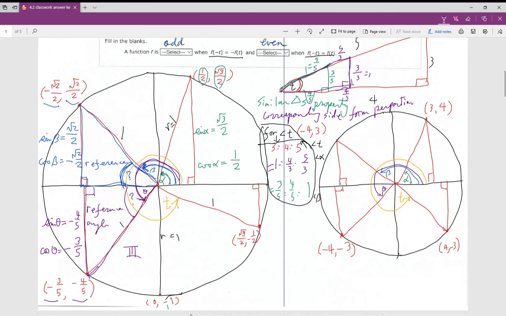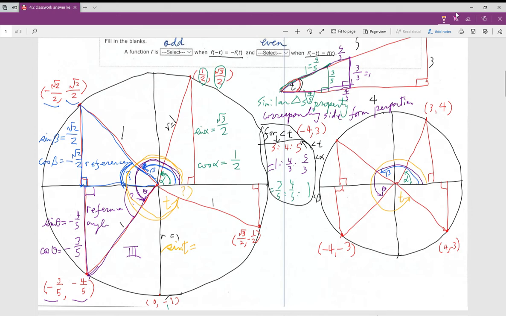Next, we go to quadrant 4, which needs to change color. Quadrant 4 is this color. So the sine t, for this very big angle, what's the reference angle?